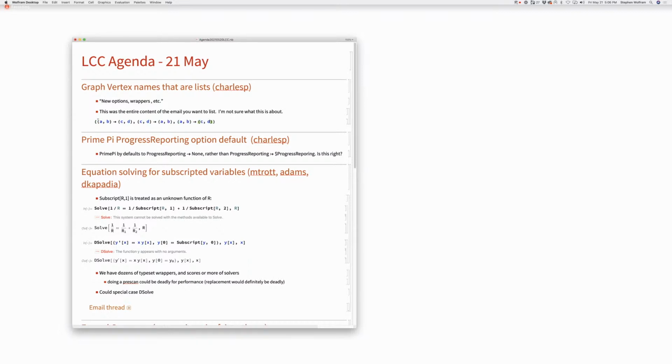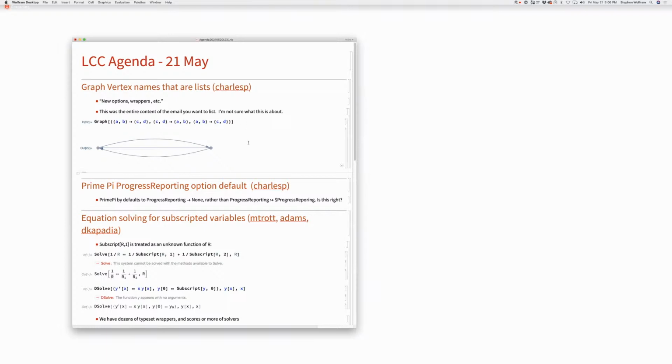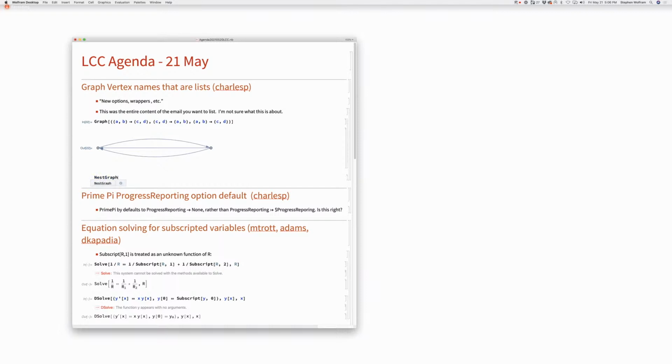So essentially, the use of lists in graphs has several issues. In most cases that should work fine, but sometimes it's used as a second argument. Second argument of what?